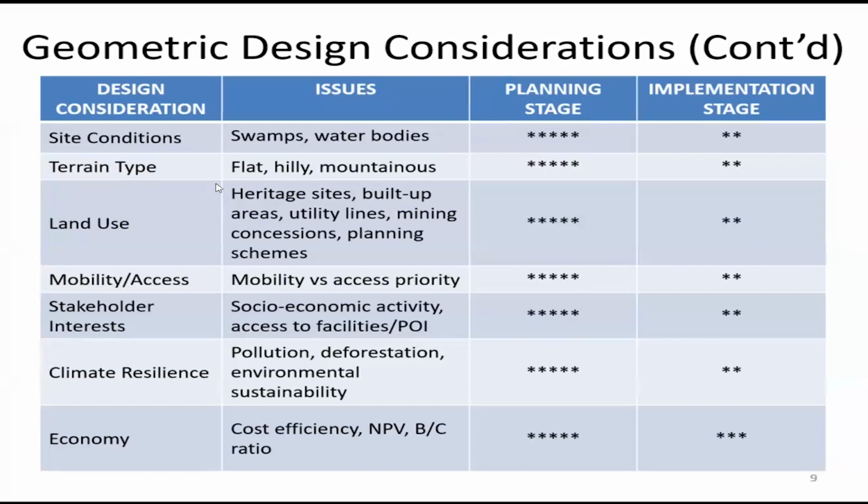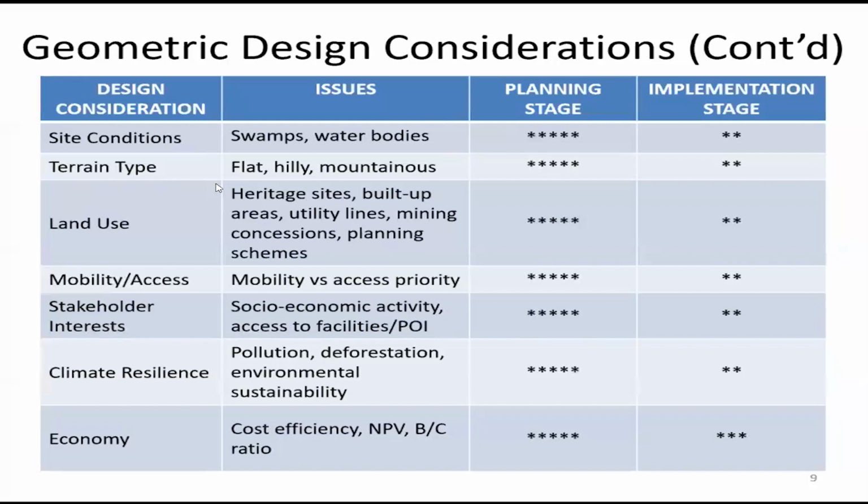If there wasn't a mining concession and there now is, of course, you would have to modify the geometrics to either avoid the concession totally or to go through it without disturbing mining operations. The planning schemes, land use: at the stage of designing, the planning scheme may say one thing, but at the implementation stage, it may say another thing that would inform geometry.